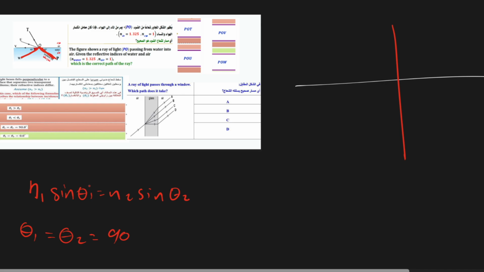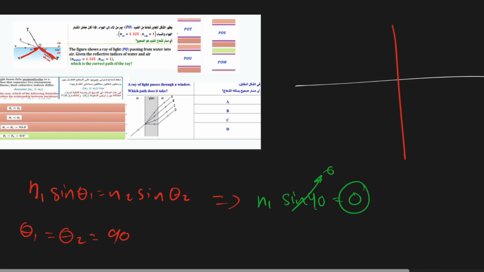So n1 sine 90, let's write it here actually, is equal to 0 because sine 90 is equal to 0. Therefore, since we have 0 here, we have no refraction. So there is no refraction when you shine a beam directly perpendicular to the surface.